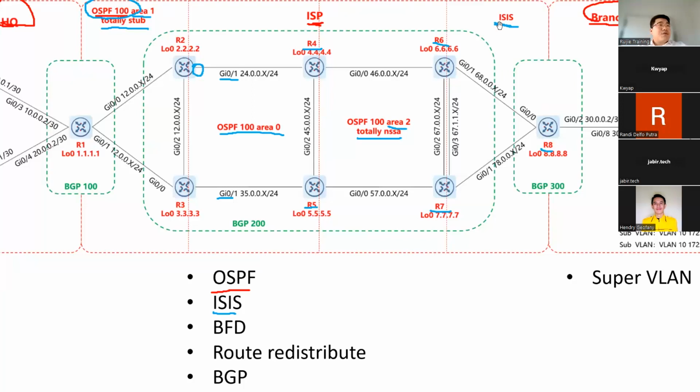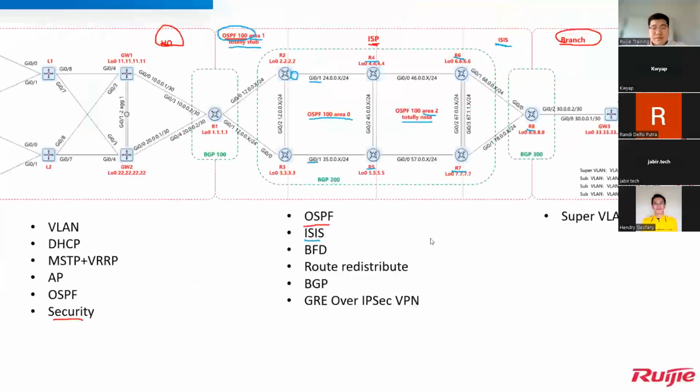And another protocol means it's another AS, another autonomous system. In this case, R6 and R7 are at the border of the AS, so we call them ASBR.